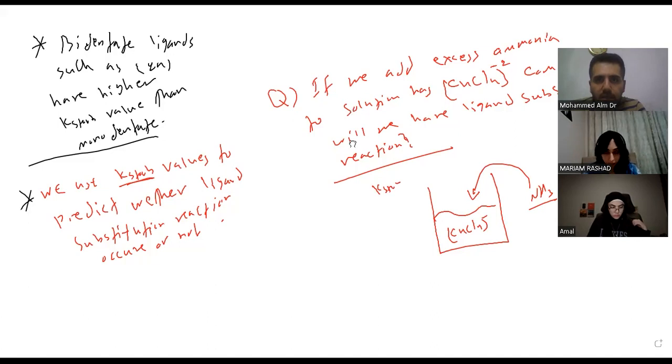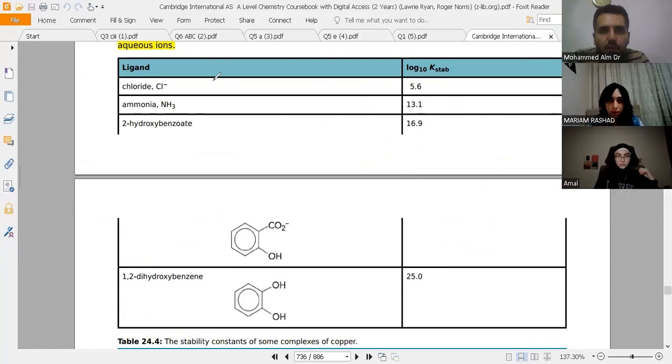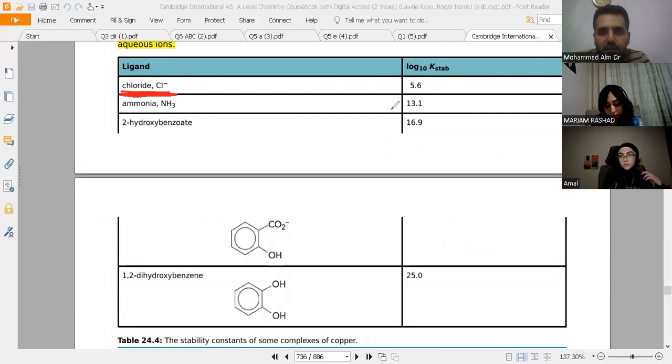This is the table, guys. You'll find it in your book. We see that if we have Cl as ligand, the Kstab is this. And if we have NH3 as ligand, the Kstab is this. So guys, what do you think?